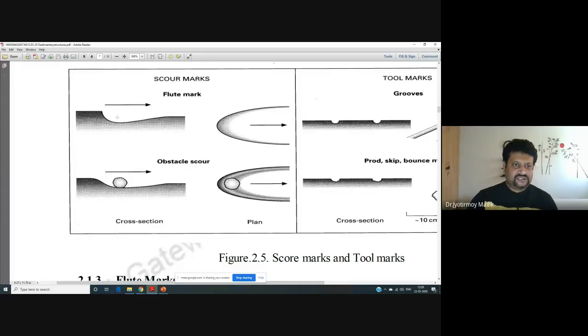So you can see, because of erosion, because of high current, there is this formation of a groove, or like a hollow space on this particular bed, and such hollow space can also be formed if you have an obstacle like this, and at the shadow zone of that obstacle, you can also form a beautiful scour mark, right?